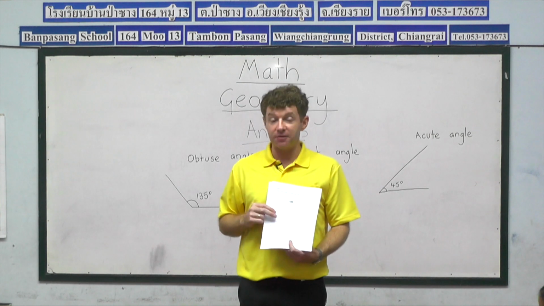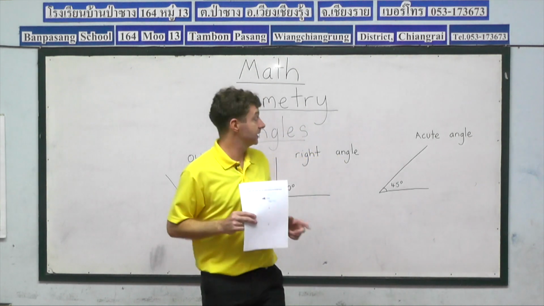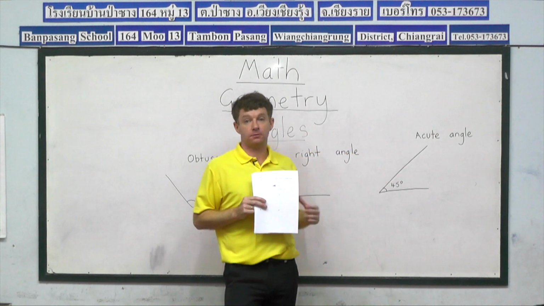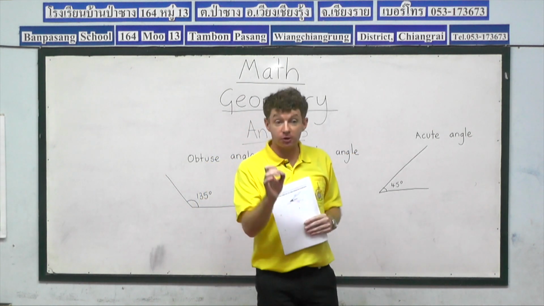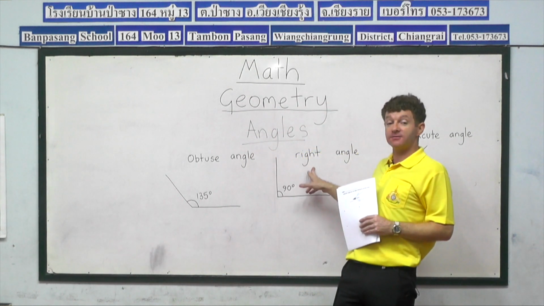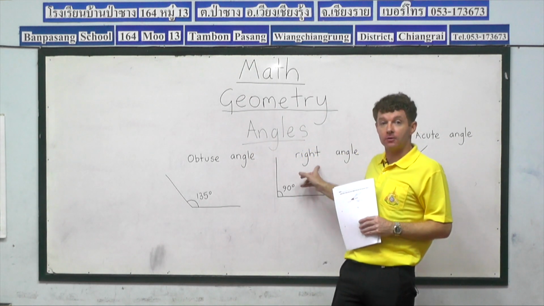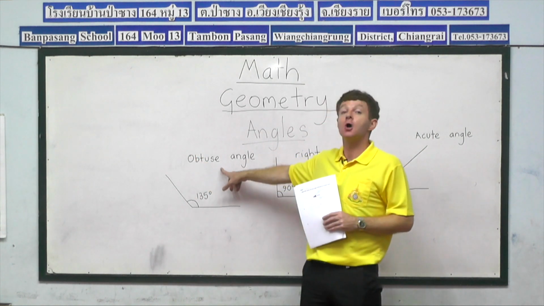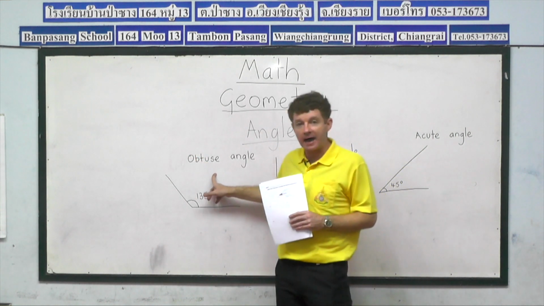They can be anything, but remember guys, less than 90 degrees, acute angle. If the angle is 90 degrees, right angle. And if your angle is more than 90 degrees, obtuse angle.